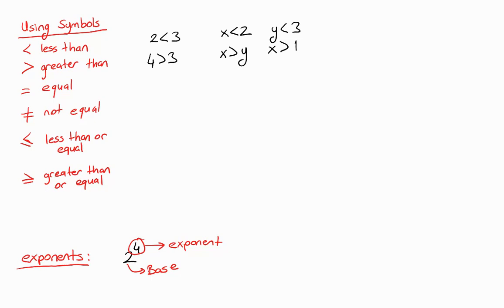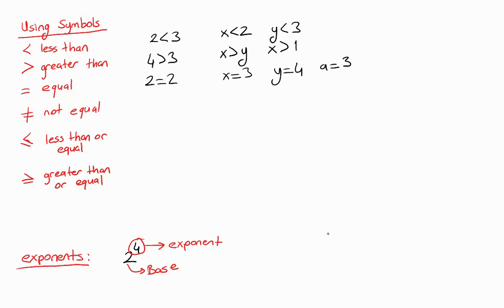The third symbol is equal, like 2 equals 2, or x equals 3, or y equals, I don't know, 4 maybe. And it doesn't have to be x or y. We can use a and other letters, for example a equals 3.